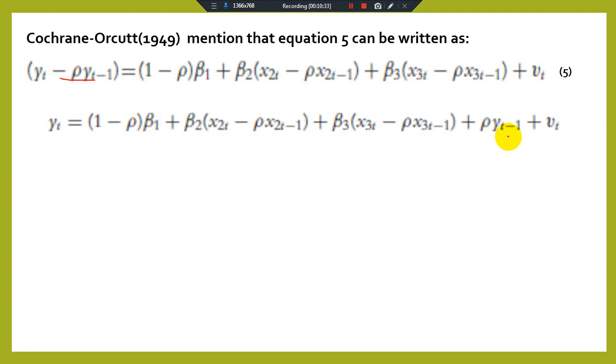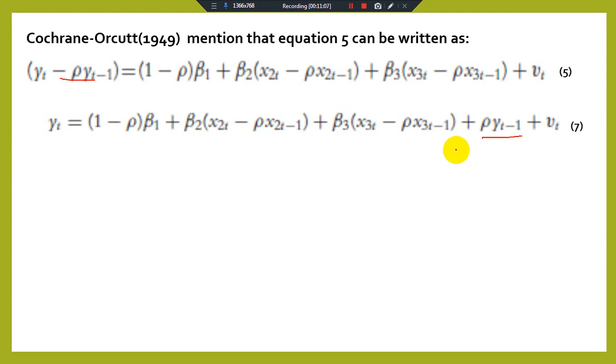This is actually where we are using the lagged dependent variable as an explanatory variable, which we mentioned in our DW test, in our Durbin h test, in our, I think, Godfrey LM test. So here we have a lagged dependent variable as an explanatory variable.